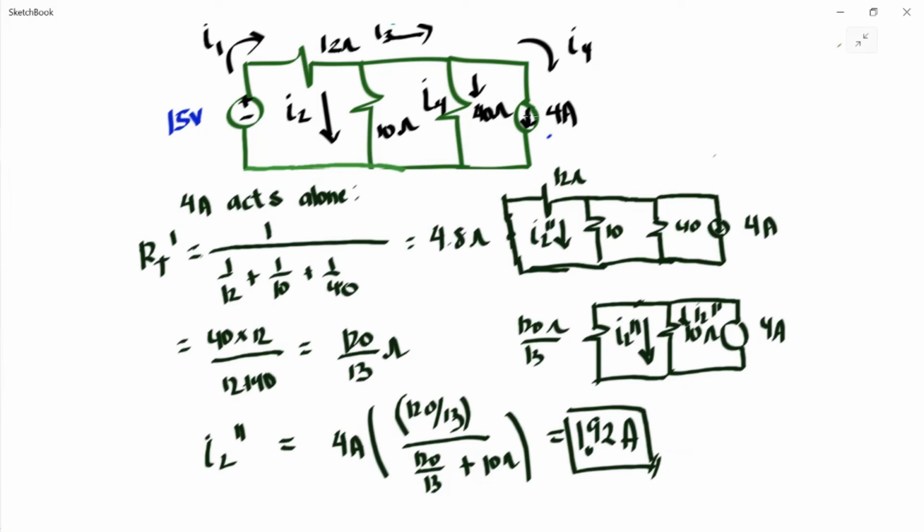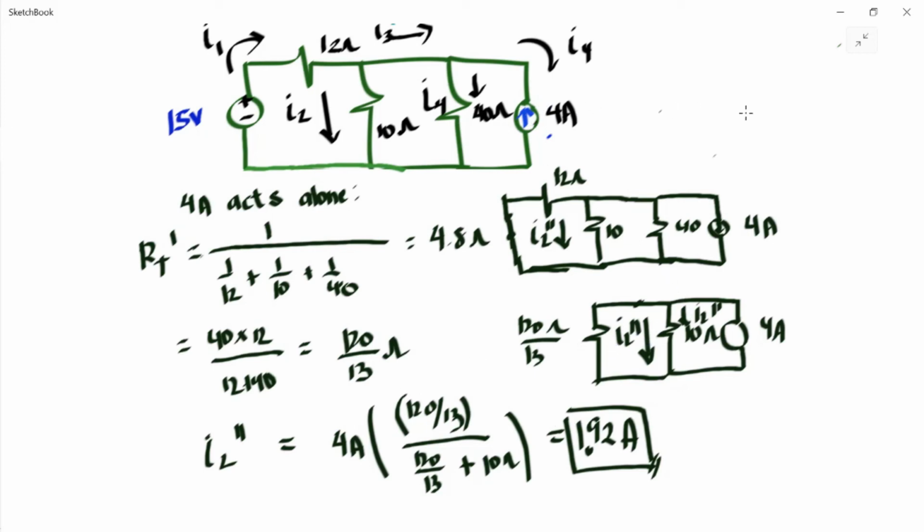However, this is actually a correction, because the given 4 amp current source is actually pointing upward. This was a mistake right here. It is pointing upwards, because if it were pointing downwards towards this node, we would have a negative value for I2 double prime.